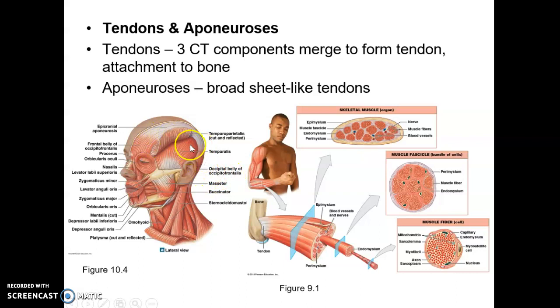So this is considered one muscle, the occipitofrontalis. For simplicity, we can call this the frontalis, and then this one the occipitalis. In lab and for lecture, you just need to know this one, and we'll just call it the frontalis.